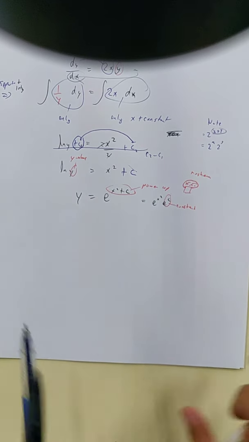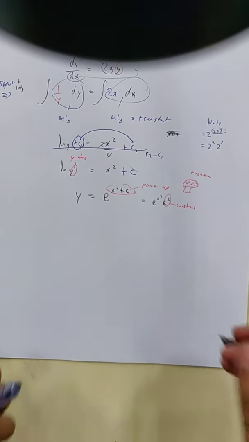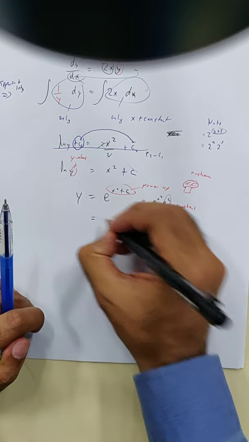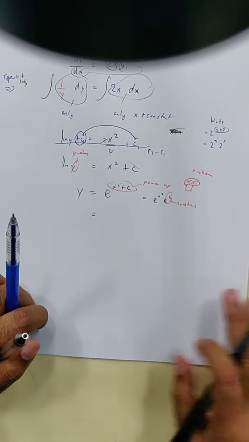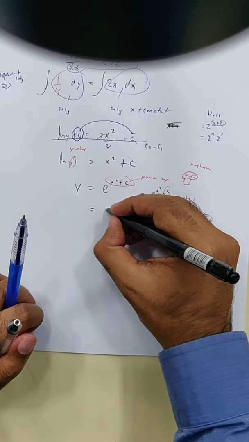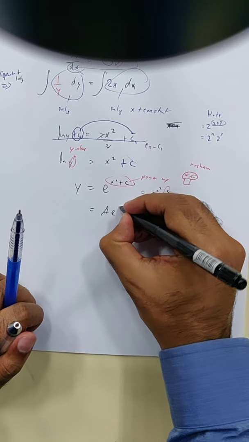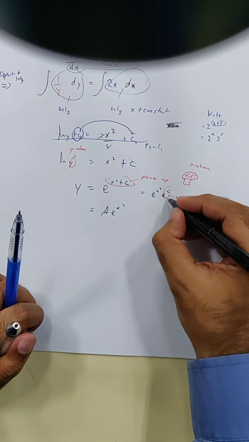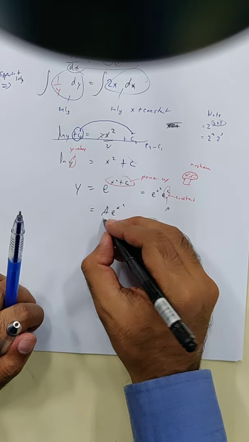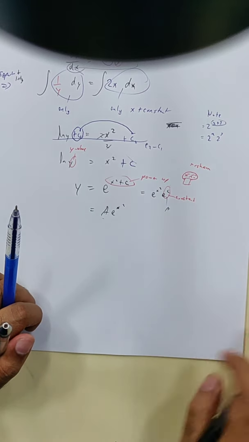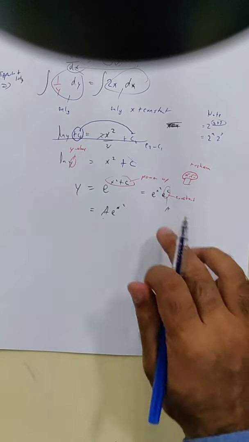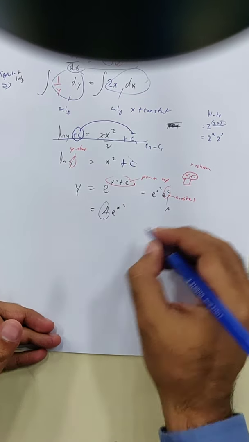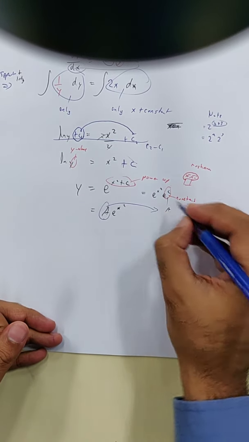Since both of them are constant, we can rewrite them as, yes, you can do c, but mathematicians prefer to put another letter there. A e^(x squared). So these things become A, and normally we put things in front. So constant and constant becomes a new constant.